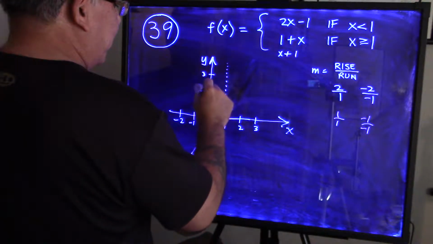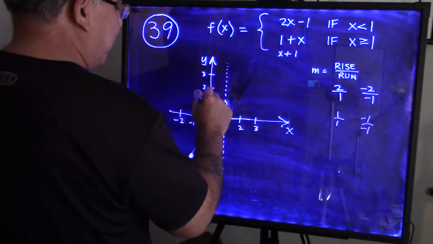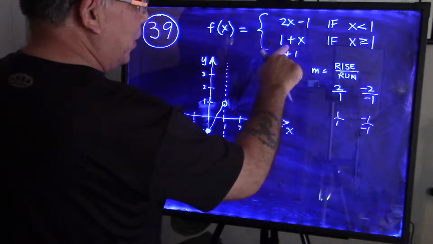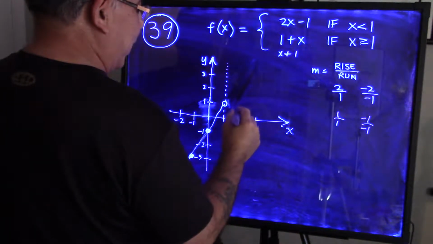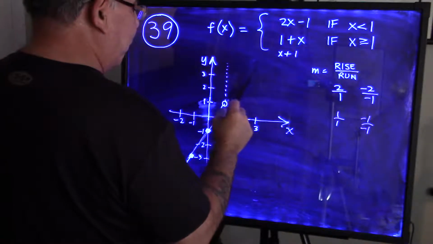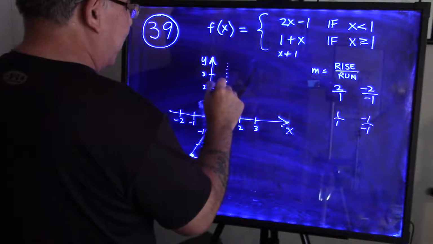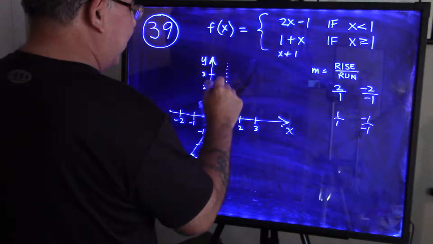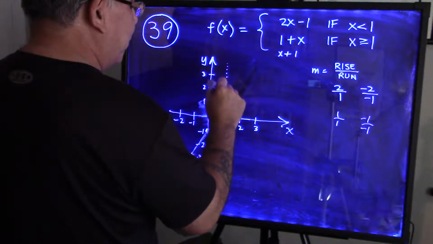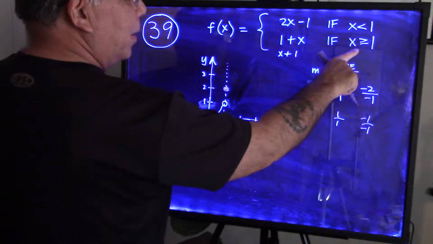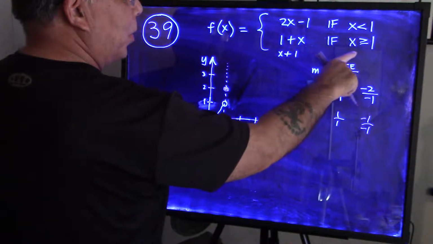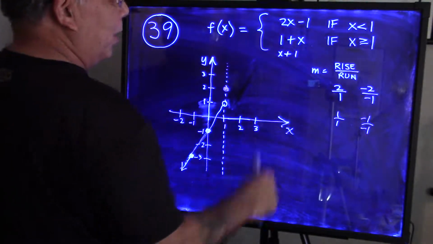Because we're going to the right here, okay, everything to the right here has to do with y equals 1 plus x. That's x greater than or equal to 1. So we go up 1 and to the right 1, and we fill in that dot because we're including that x equals 1, because it says over here if x is greater than or equal to 1, you use this function.